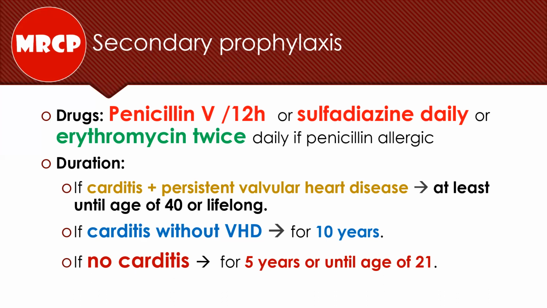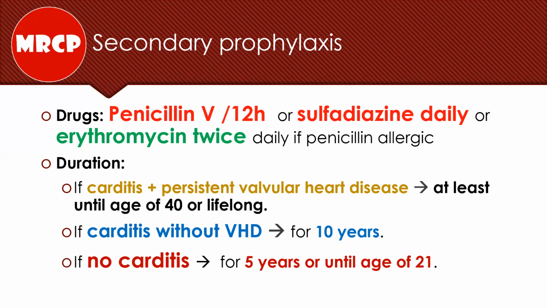This is very important, and here is a minefield for a lot of questions in the question banks and the examination, because the duration is variable according to the damage that happened to the heart as a result of rheumatic fever.